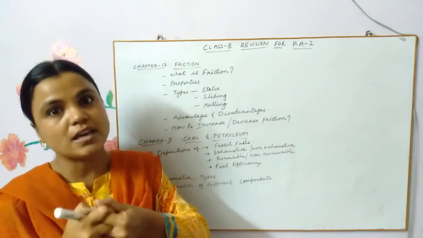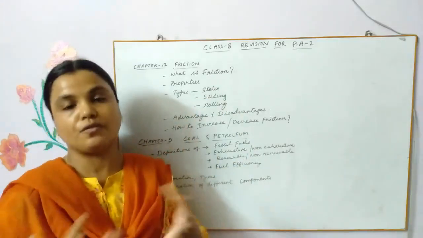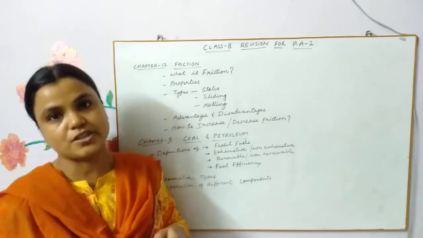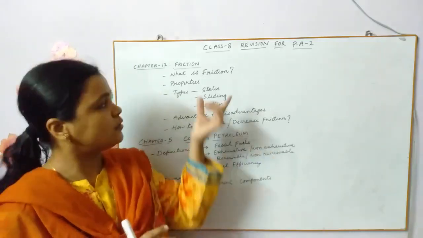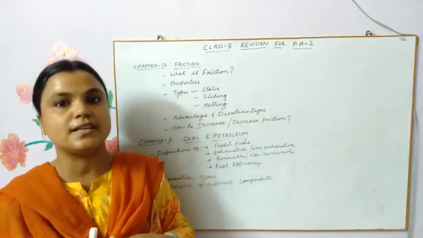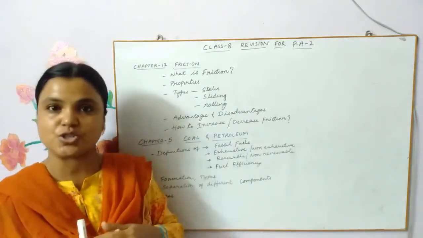When the interlockings are more, it offers more friction. That friction is called static friction. Just before movement we experience that kind of friction, static friction.